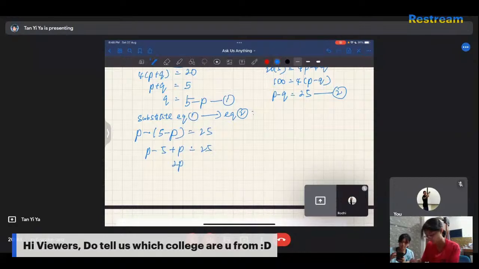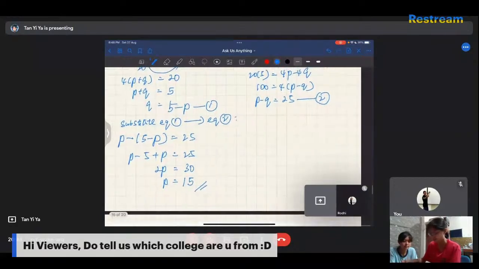So 2p will be equal to 30. So p equals 15.